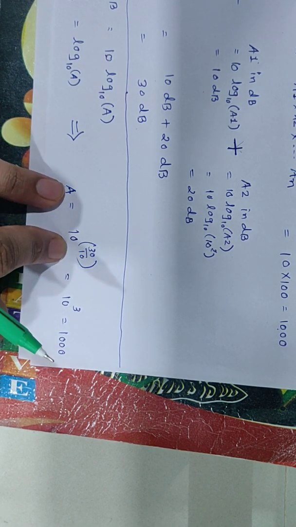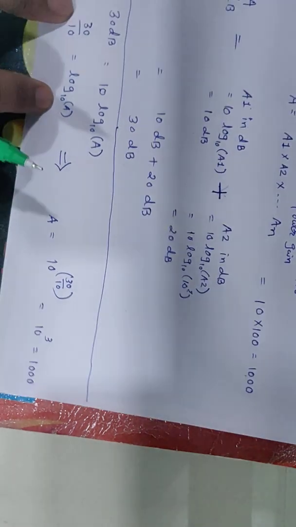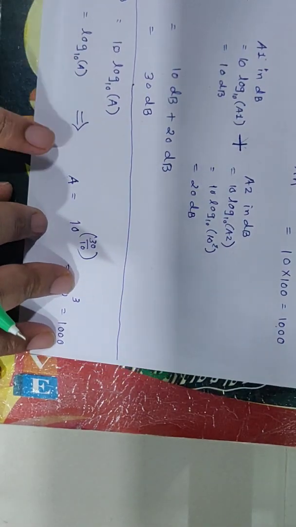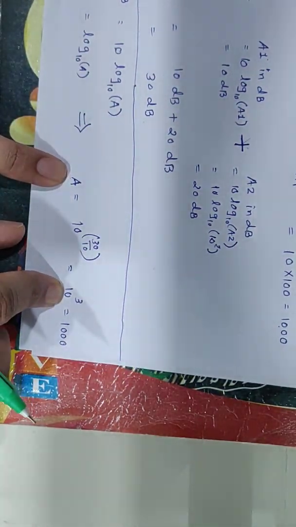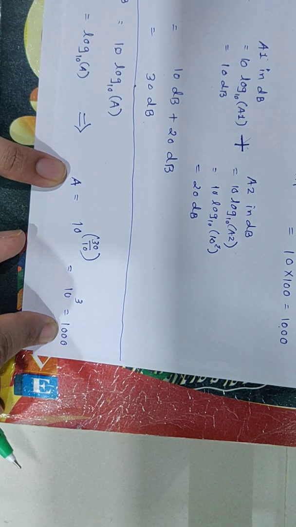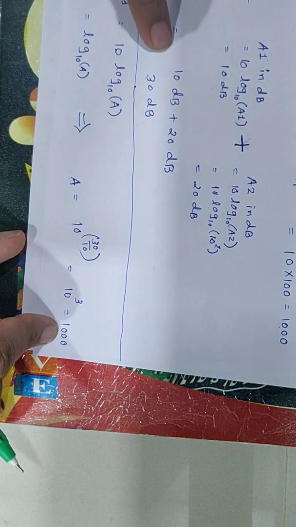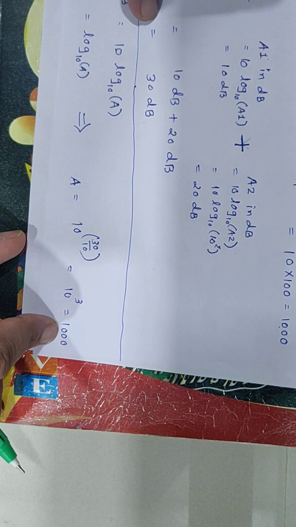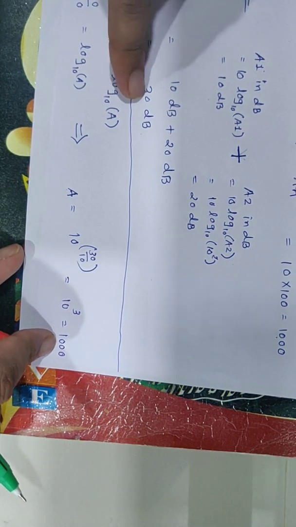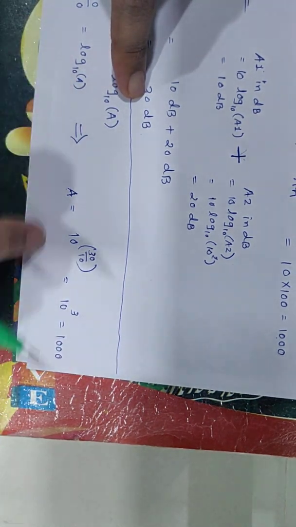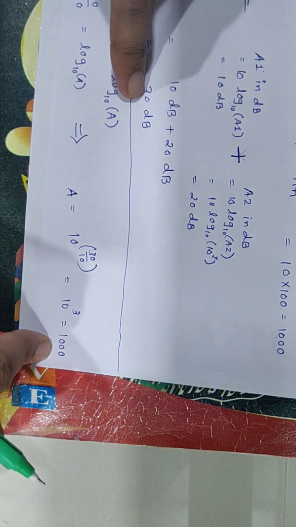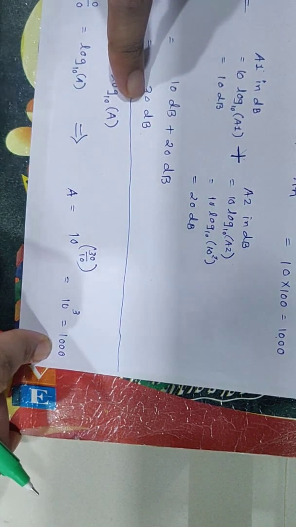It is nothing but taking the antilog of this, so this becomes 10 raised to 3, which is 1000. So the gain we reversely processed, 30 dB, we have converted again into the normal gain, which is nothing but 1000.